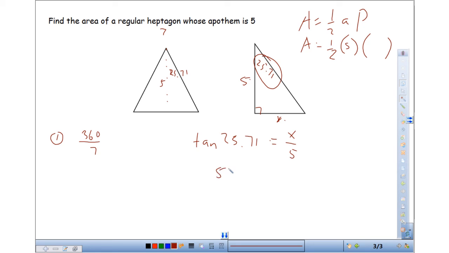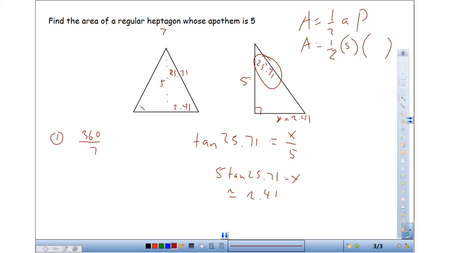So that means 5 times the tangent of 25.71 is equal to x. So 5 times the tangent of 25.71 is equal to 2.41. So that means that this part right here is 2.41, which means that that's only half of my side, right?